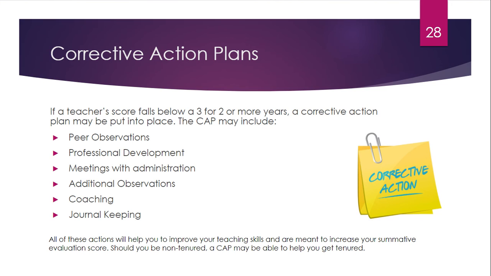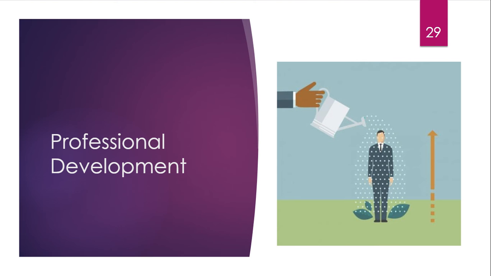It may also be a good idea to keep a journal about what you're seeing in the classroom, focusing on specific students and keeping track of those things to see how you can improve upon those areas. So, all of these actions should help improve your teaching skills, and they're meant to increase your summative evaluation score. So if you're non-tenured, a CAP may be just the thing that you need in order to get tenure.